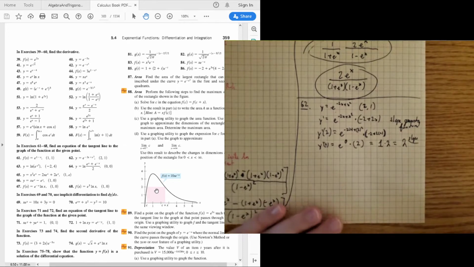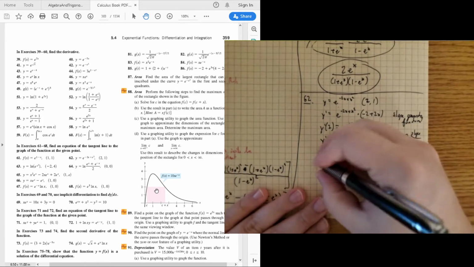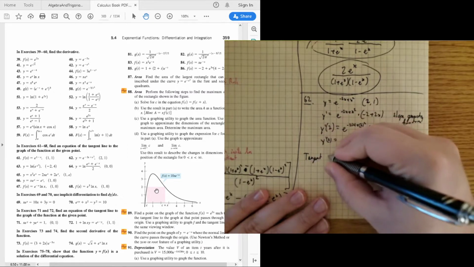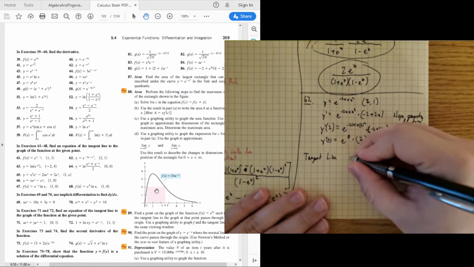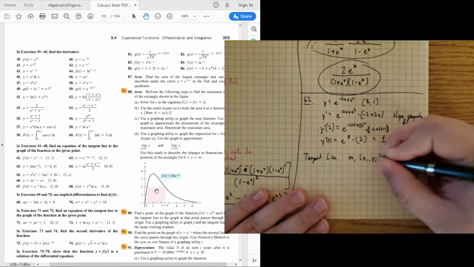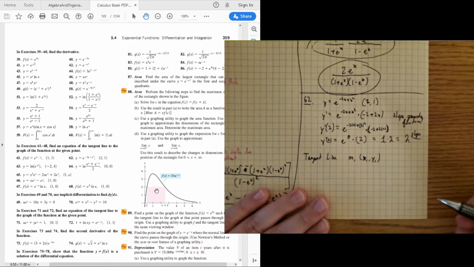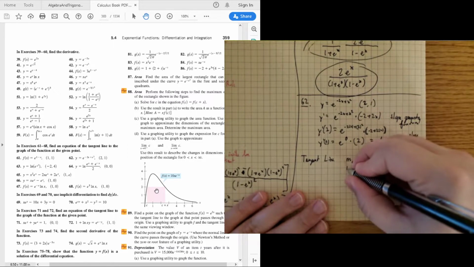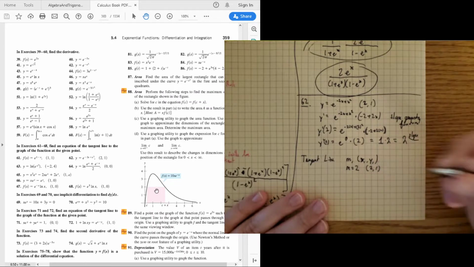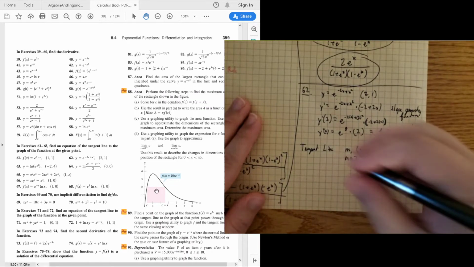So it says to find the tangent line. Remember, to find a tangent line, you need 2 details. You need m and you need a point. And now it turns out we actually have both. We have m equals 2, and we have the point 2, 1. Let's do this.